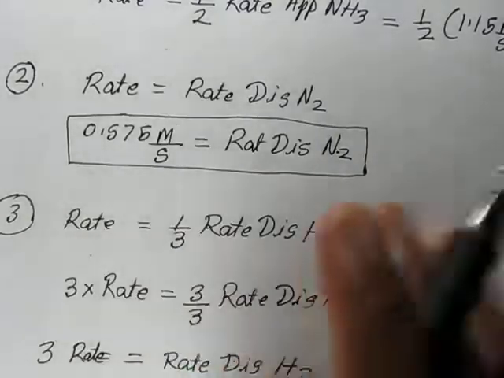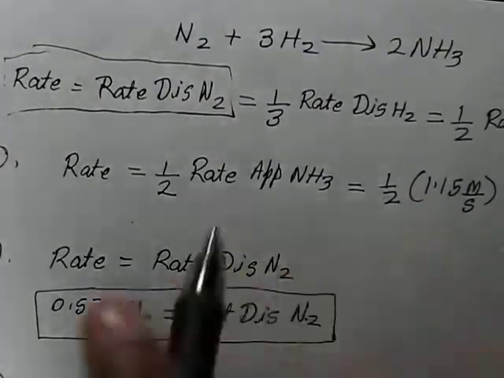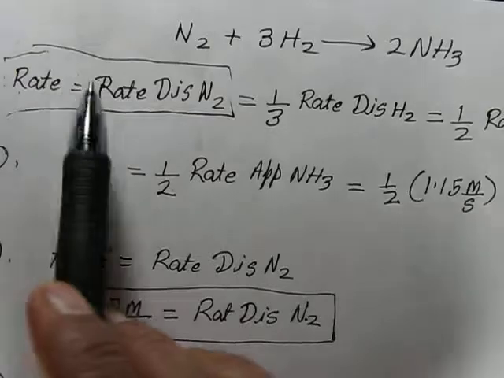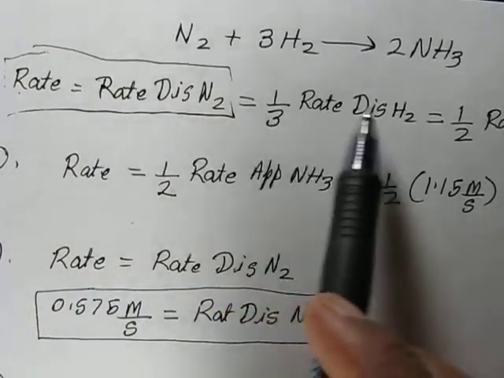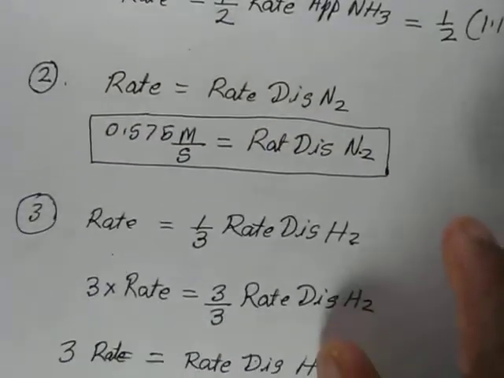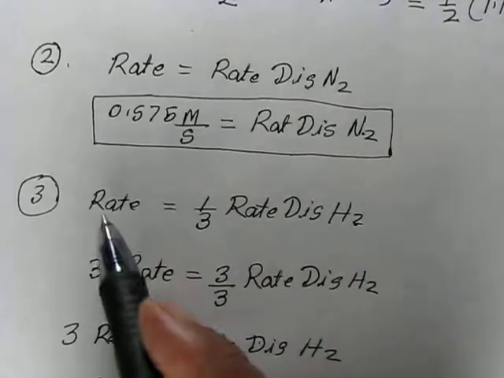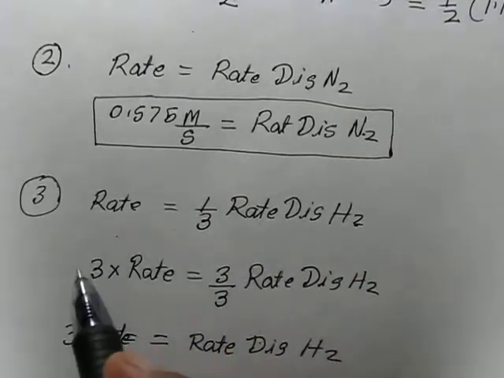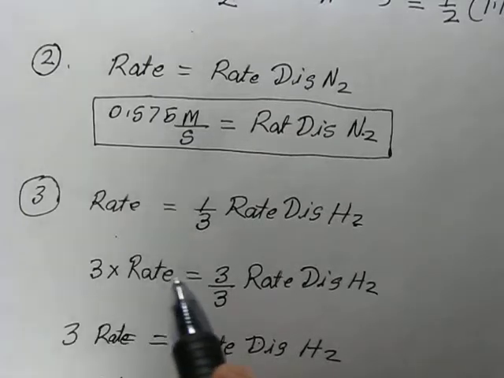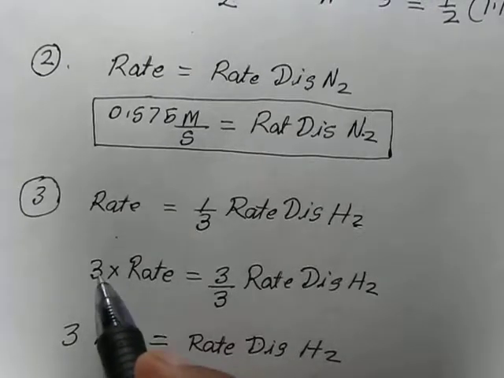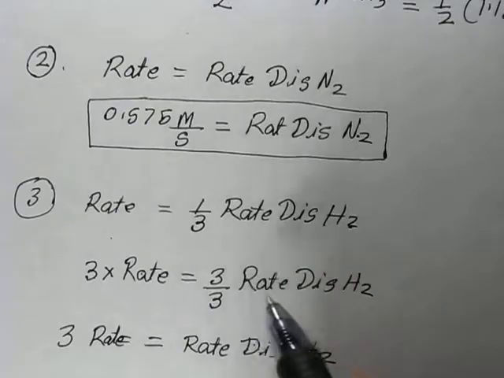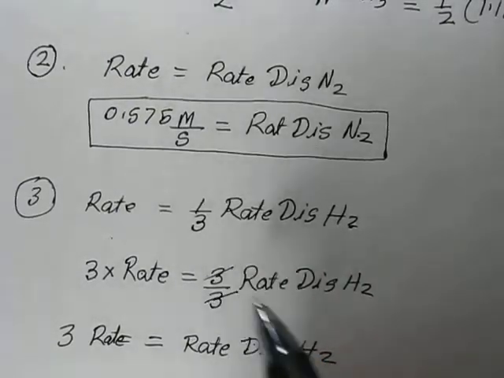The third one is they are asking for the rate of disappearance of hydrogen gas. This is the relationship we can draw: the rate of reaction will be equal to 1 over 3 the rate of disappearance of hydrogen. So what we can do here is multiply the whole formula by 3. So this becomes 3 times the rate, and here the 3 will cancel.